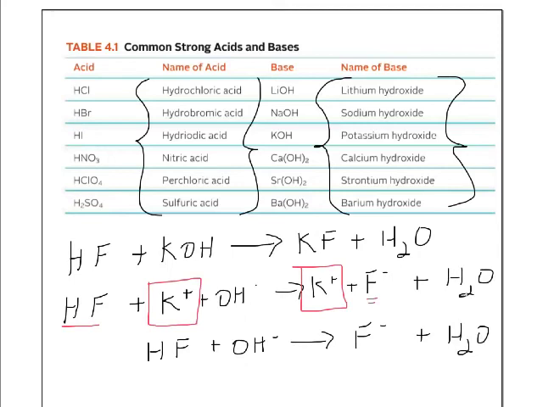It's probably fairly useful to be aware of the super common strong acids and strong bases, but you don't have to memorize it. Alright, that leaves us one more case to look at, which is a weak base and a strong acid. So we can do that next.